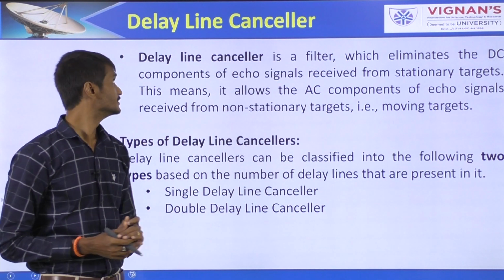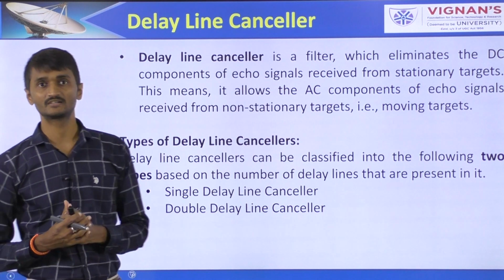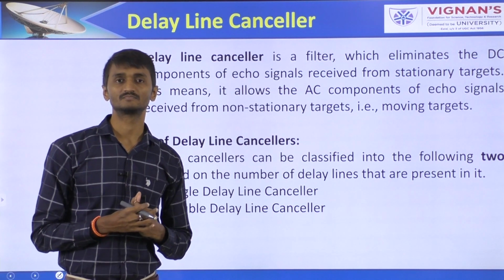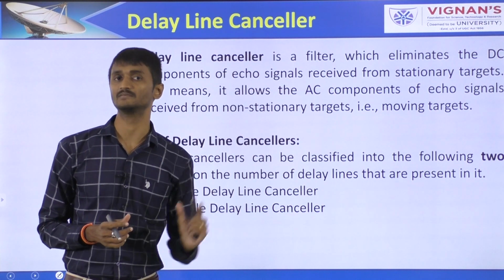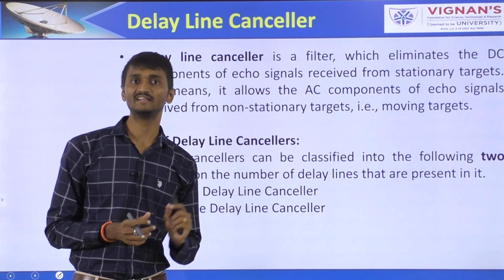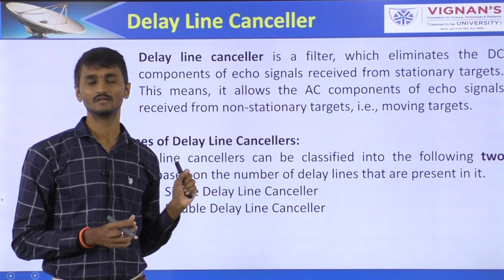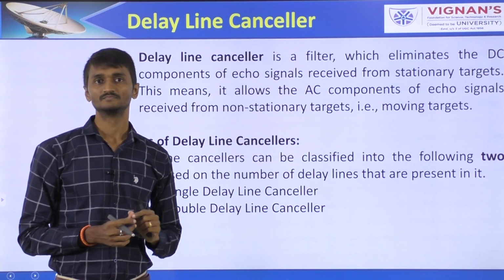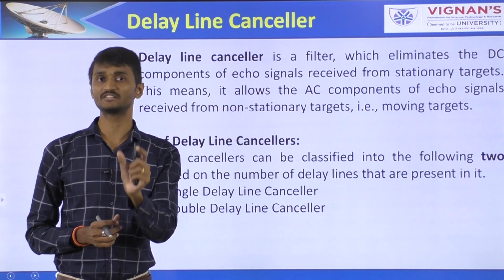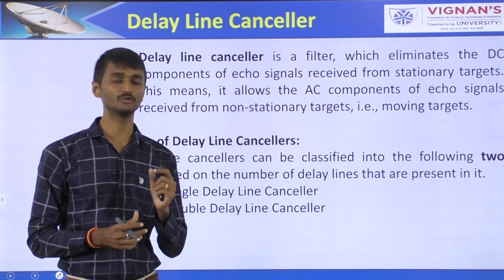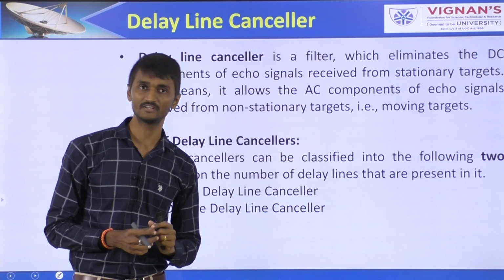As the name suggests, the delay line introduces a certain amount of delay. The delay line is mainly used in the delay line canceller in order to introduce a delay of one pulse repetition time.